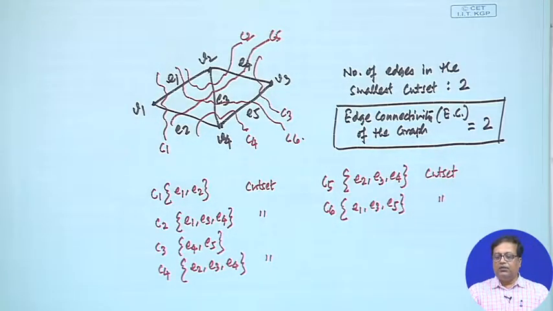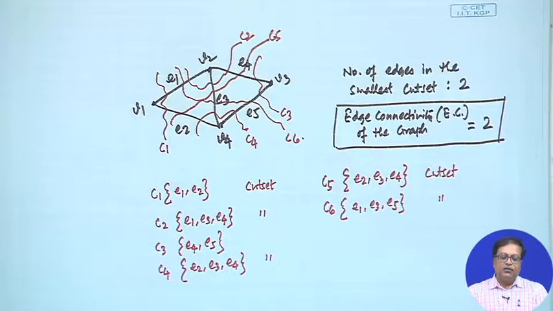Edge connectivity of the graph is 2. On the other hand, the vertex connectivity, what is the number of vertices whose removal would leave the graph disconnected? How many vertices do I have to remove to leave the remaining graph disconnected?